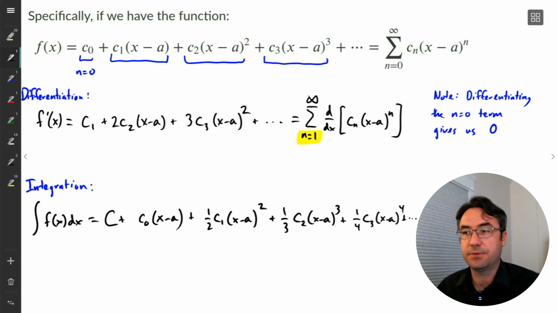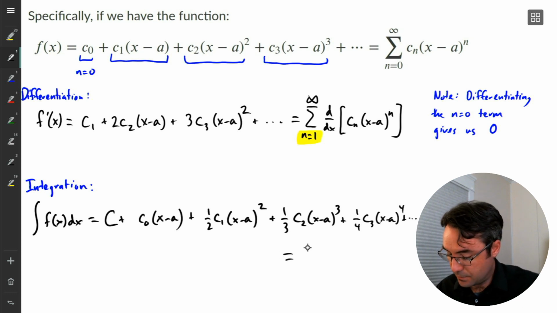And that continues. What that looks like is, when we do the integration here, we have the sum from n equals 0 to infinity of the integral of our general term.